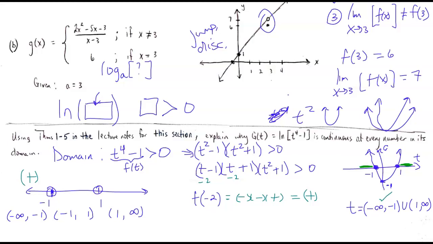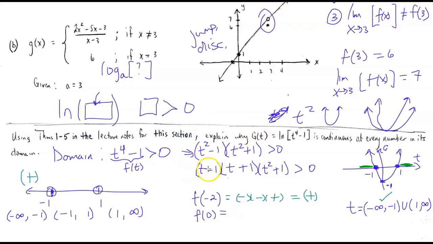If we did the same thing with the next interval, we can choose the value of 0. So let's choose that. And of course, if I was to plug in 0 here instead, then I would get a -1.